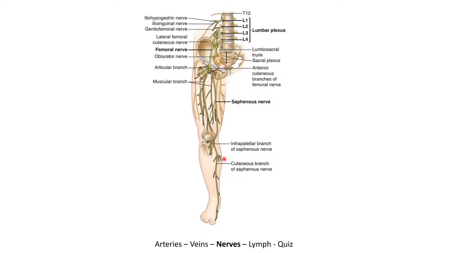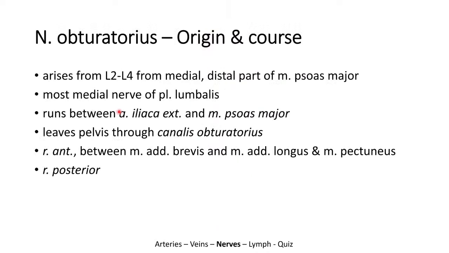And it has quite a straight course, so it should be easy for you to find it. It's a little bit hidden, but there is only one nerve that will run like this, and then you can know it's nervus obturatorius. Another identification criterion is canalis obturatorius, so it's the obturator canal, which it will run through.